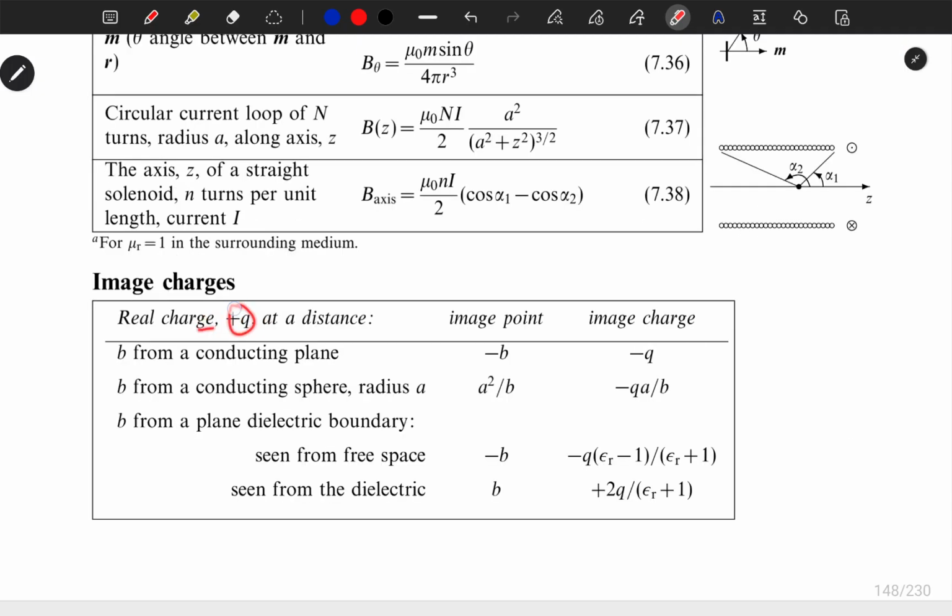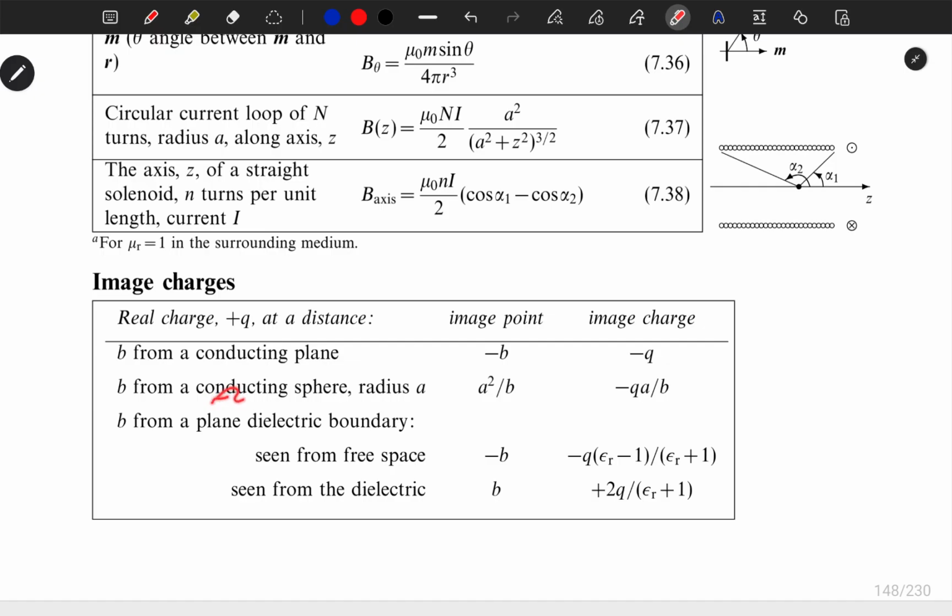For a real charge q at a distance a, the image points and image charges are: from a conducting plane, at minus b, and the image charge is minus q.